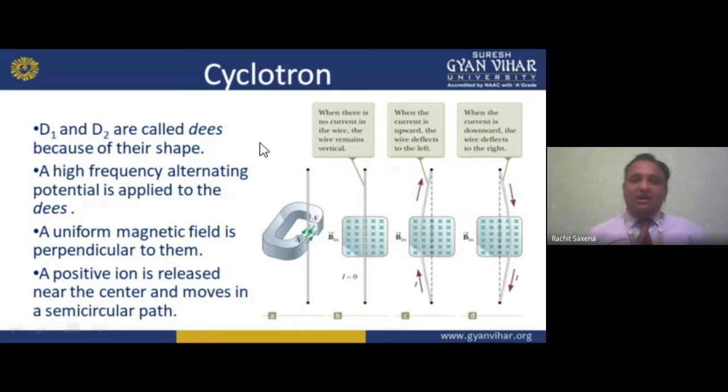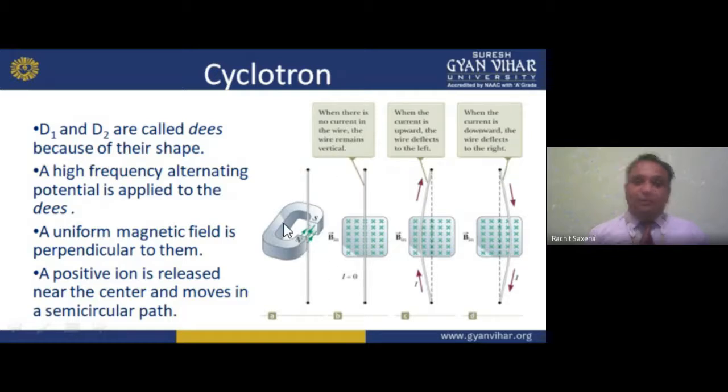A high frequency alternating potential is applied to the Ds, D1 and D2. We are basically applying potential to these D1 and D2. A uniform magnetic field is applied perpendicular to them.